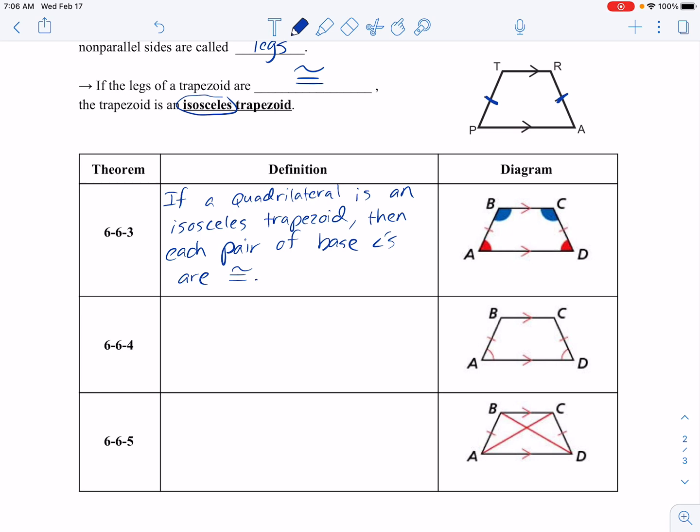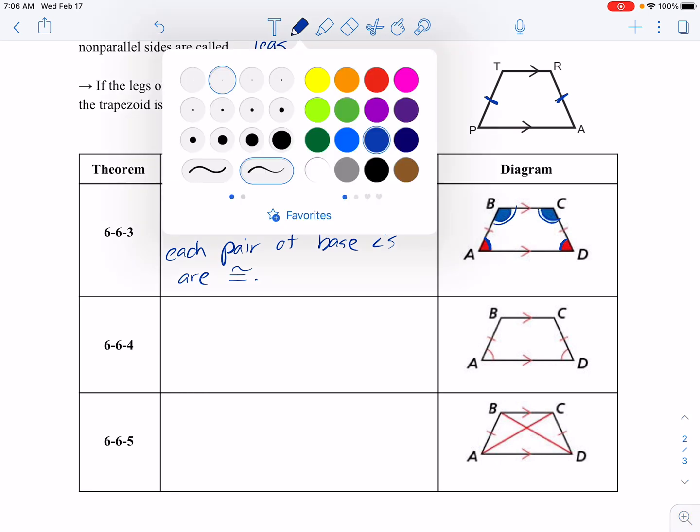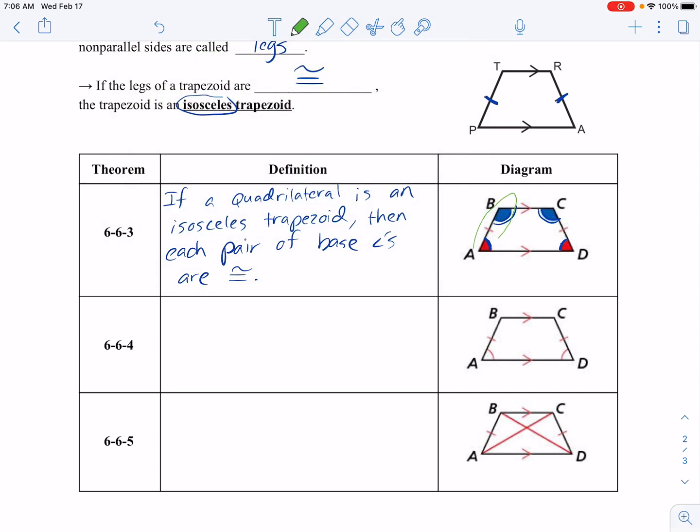Those base angles are the angles that are on the same side of your base. So A and D and B and C are both congruent. Remember, leg angles would be the two angles that are located on the side. So these two, and those are always supplementary. Okay, great.